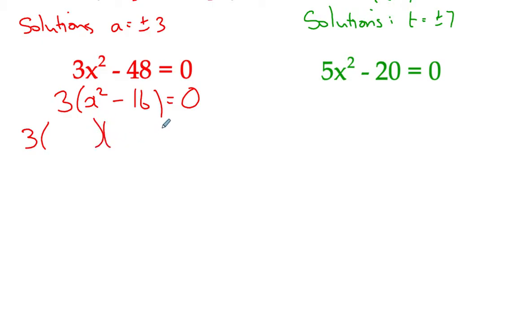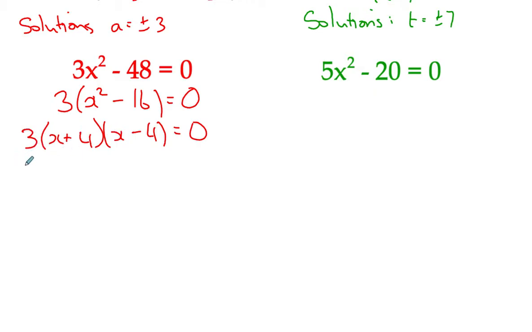So we can factorise it with a pair of brackets. The square root of x squared is x. Square root of 16 is 4. One is positive, one is negative, doesn't matter which is which. So now we've got 3 numbers multiplying equals 0. One of them has got to be 0, except the 3, because the 3 is never going to be 0.